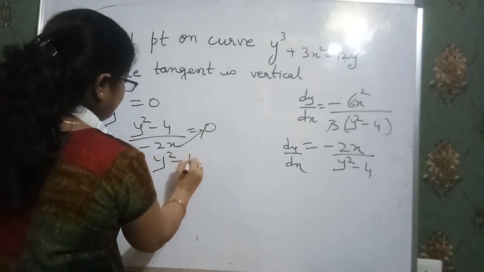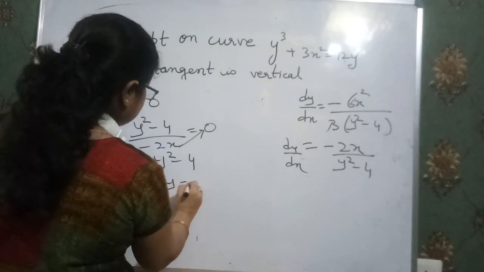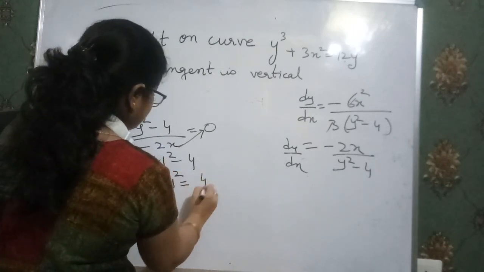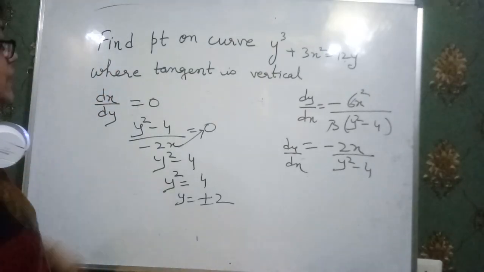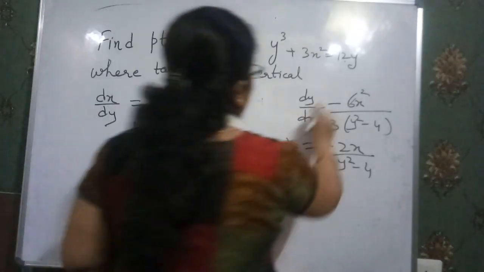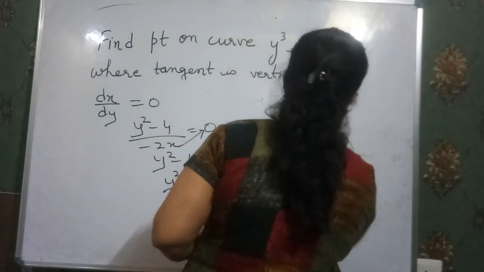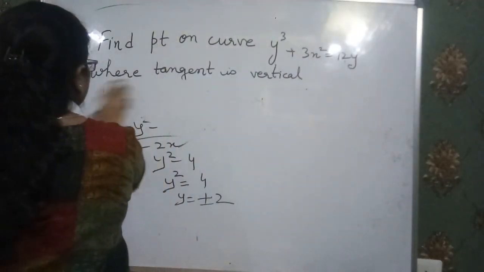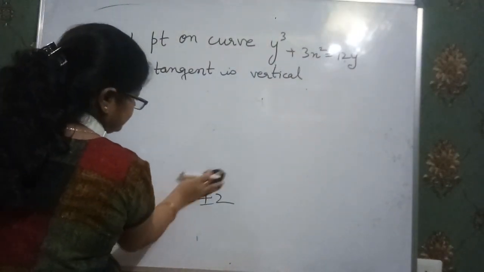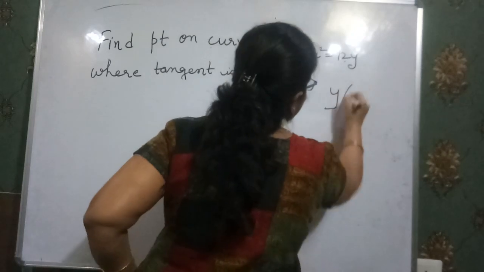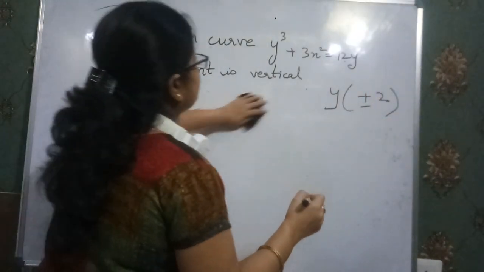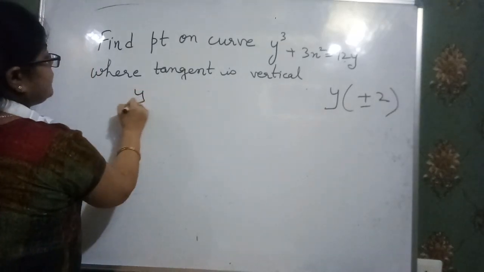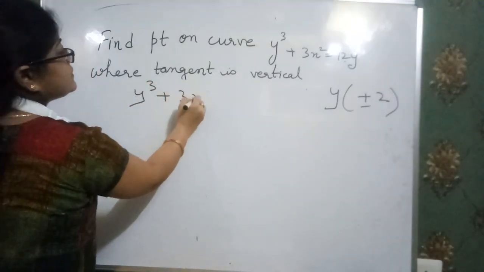We have y square minus 4, that is y square is equal to 4, that means y is equal to plus minus 2. So this is the point of y. Now we have to find the point of x, okay, where it touches. So value of y is plus minus 2. Put both the values of y in our curve in order to find the values of x.